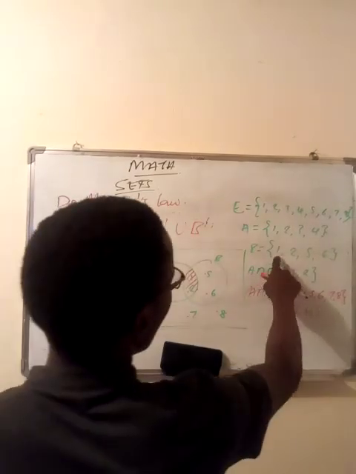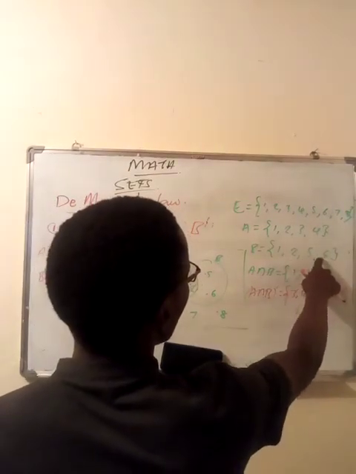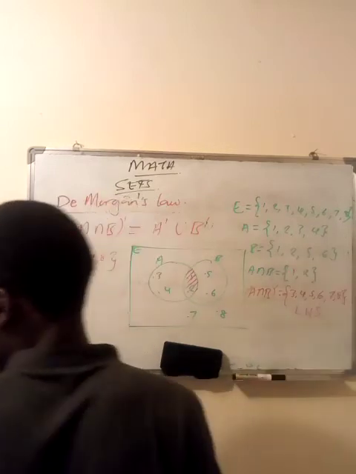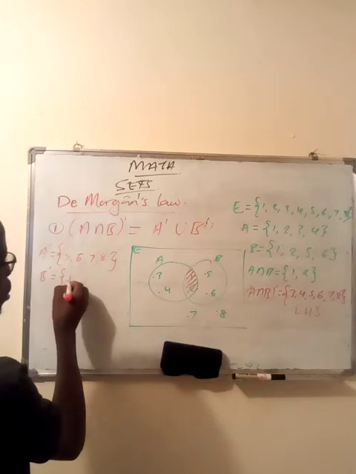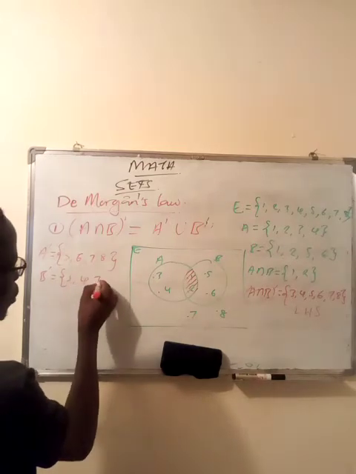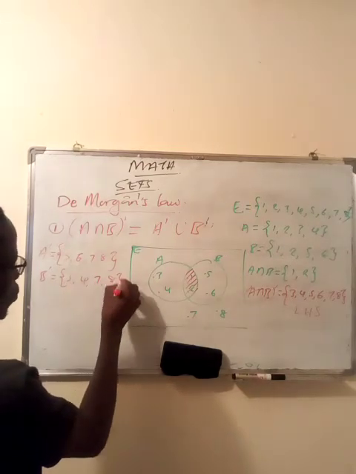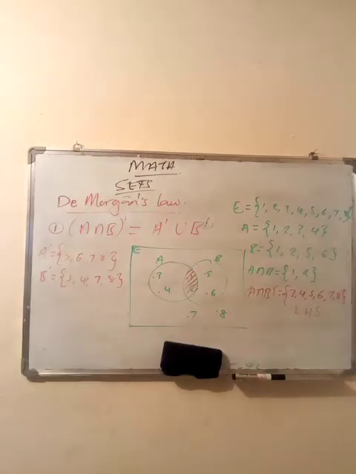We have to prove that A intersection B complement is a subset of A complement union B complement, and also prove that A complement union B complement is a subset of A intersection B complement.